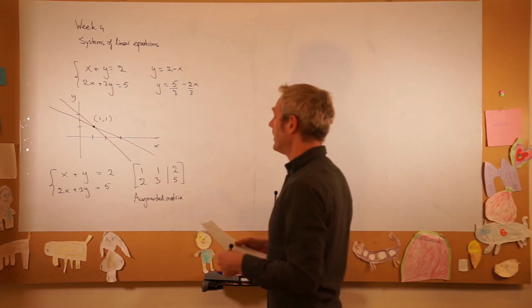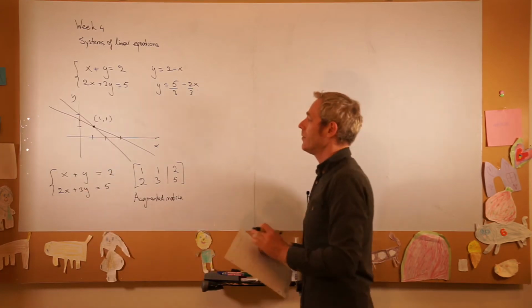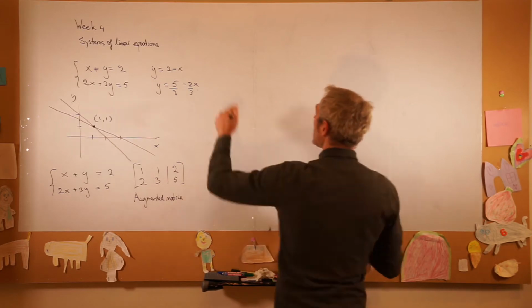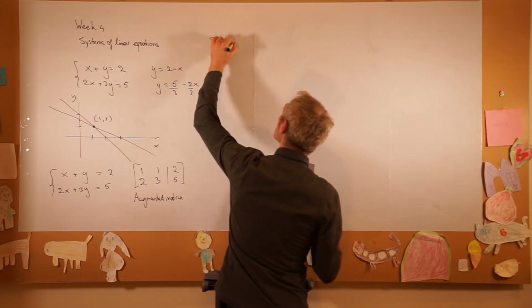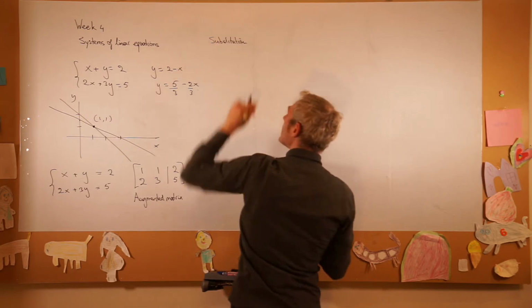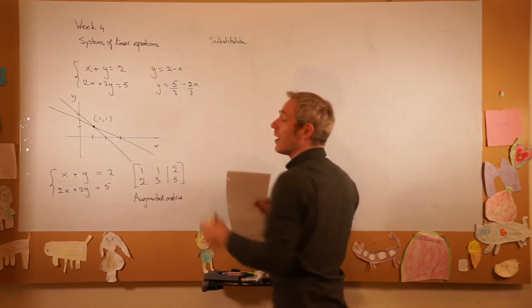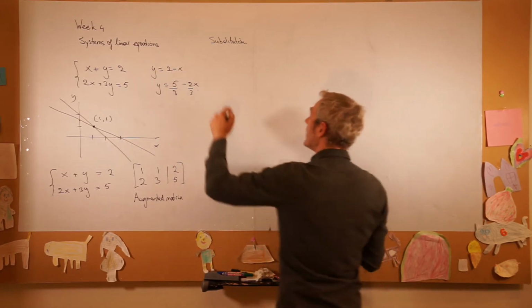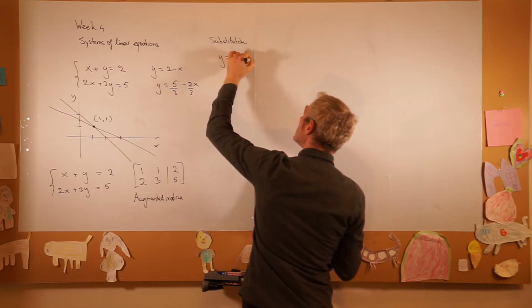Now, a 2x2 system here we typically solve using the method of substitution, where we take one of these equations, let's say x plus y equals 2, and we know that then y is equal to 2 minus x.